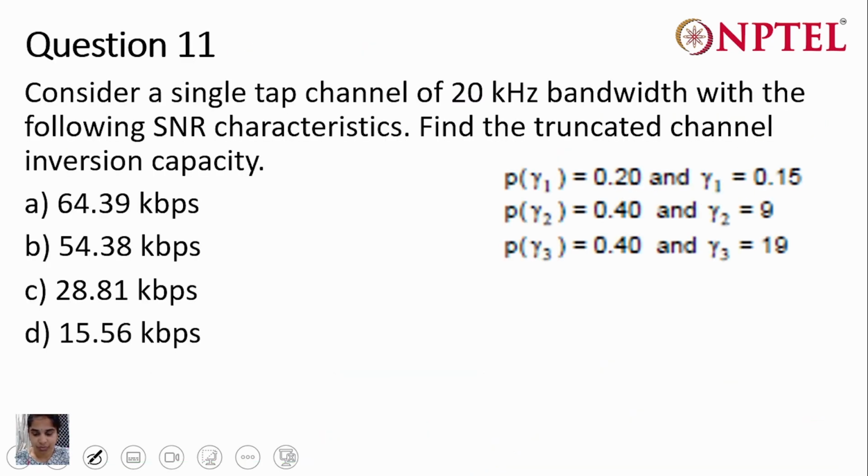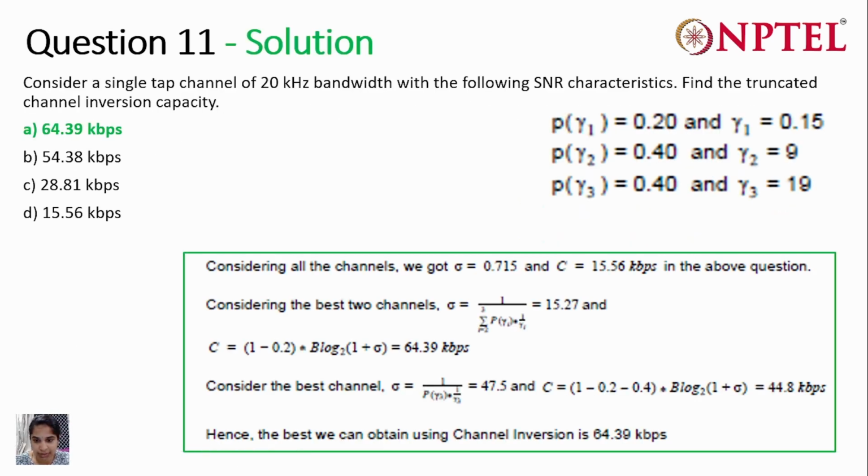In a similar way, what is the truncated channel inversion capacity? To find it, first, when we considered all the channels, we got sigma as 0.715 and the capacity to be 15.56.